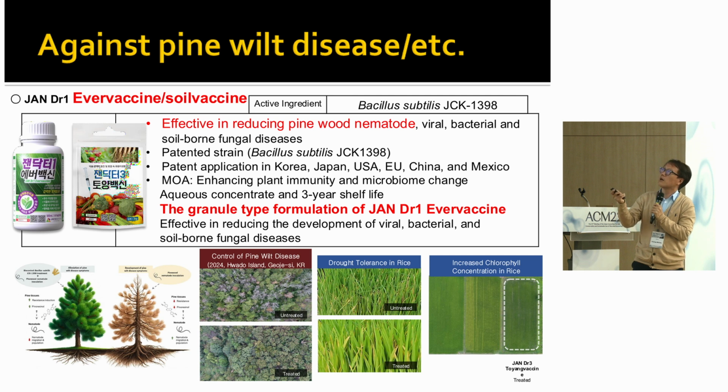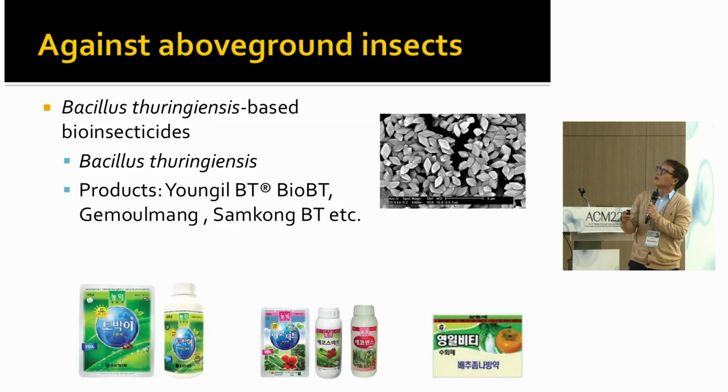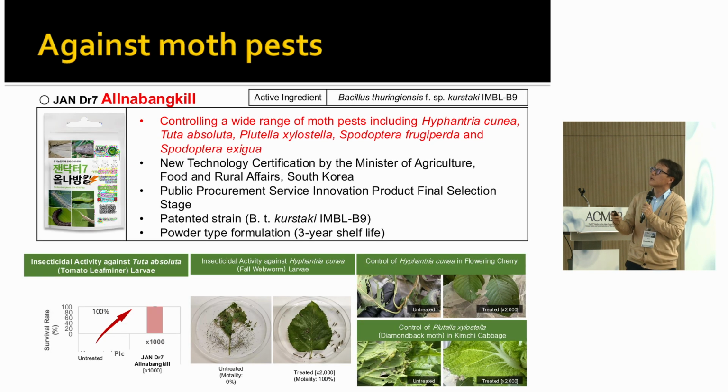We have ivermectin and some other chemicals, and we still have a lot of other products being developed right now. The chemical control is not working very well. So we also have BT, which we already mentioned a lot. We also have another BT product like this.